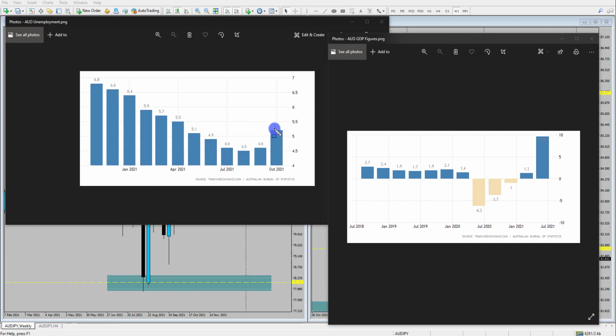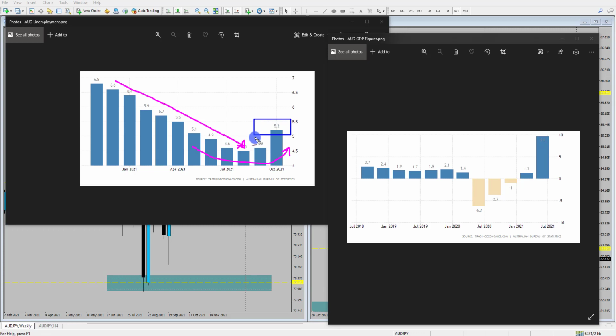What's concerning is this unemployment number and the fact that it is on an upward trajectory again after significant declines in unemployment. We have now seen it gain again. Typically when this happens, there are fewer people spending in the economy.